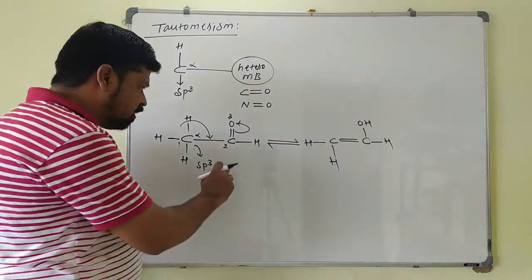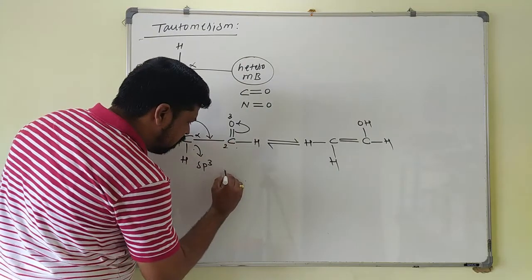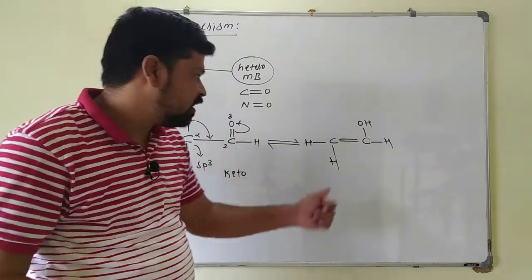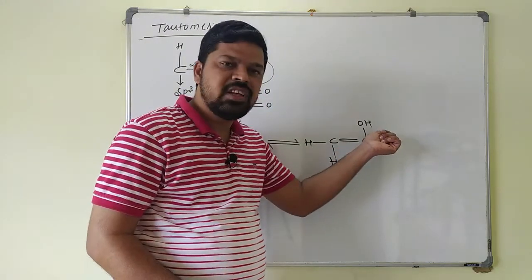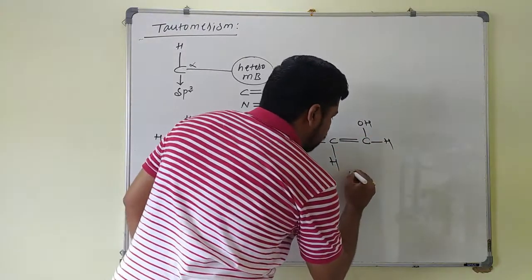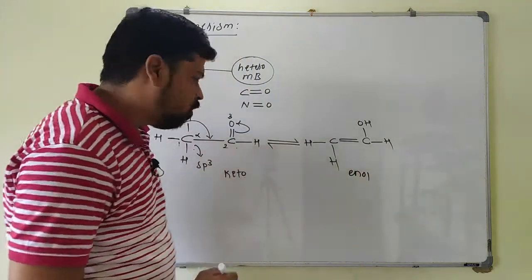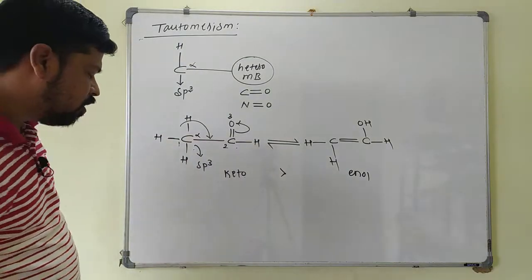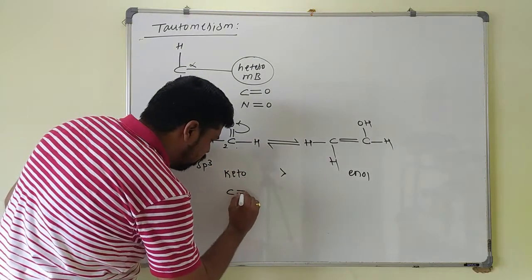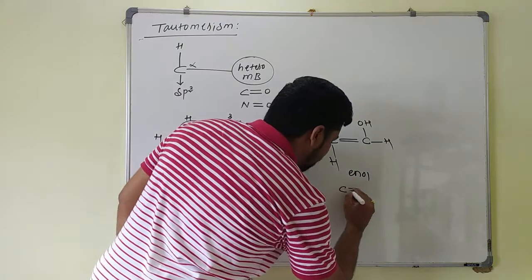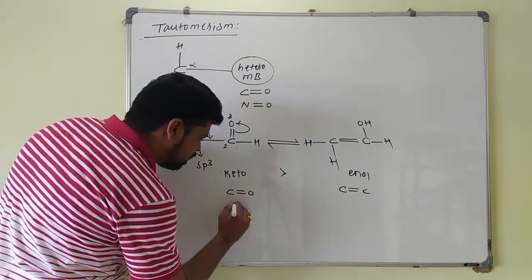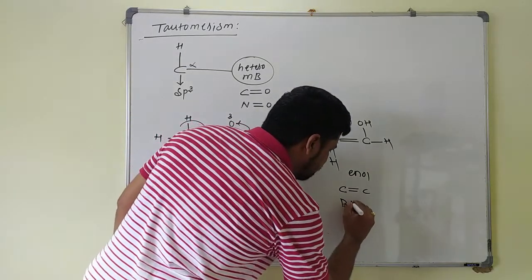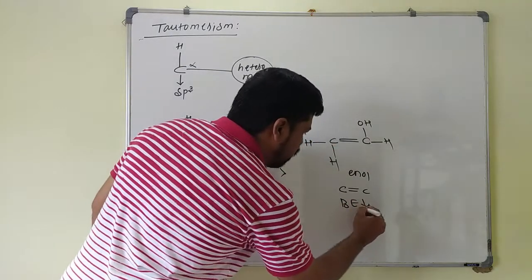Now this form is called the keto form of the structure, and this will be called enol, because it is having a double bond and an alcohol is there, so it is called the enol form. Always the keto form will be more stable than the enol form, because in this one C double bond O is there, and here you are having C double bond C. For C double bond O, the bond energy is maximum as compared to C double bond C. Here the bond energy will be minimum.